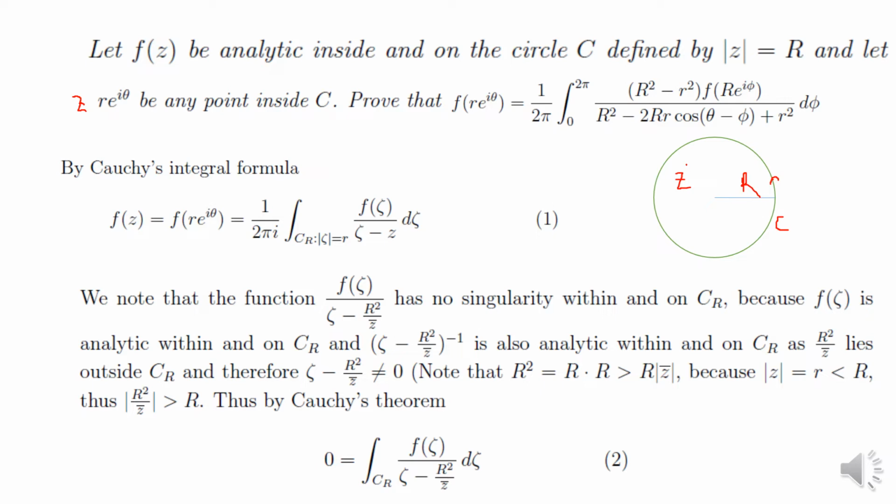f(z) = f(re^{iθ}) = 1/(2πi) times the closed integral over C_R, or C, we can say both are interchangeable, we are denoting it by ∂C also, where |ζ| = R, meaning there is a circle here with radius R, of f(ζ)/(ζ − z) dζ.